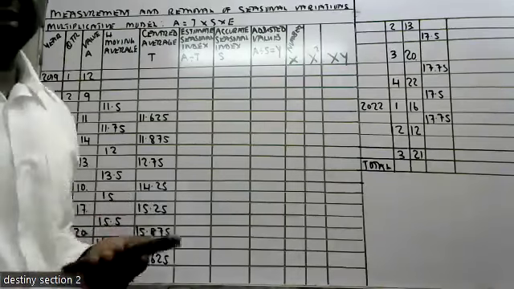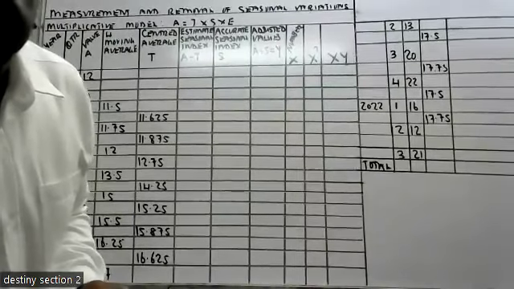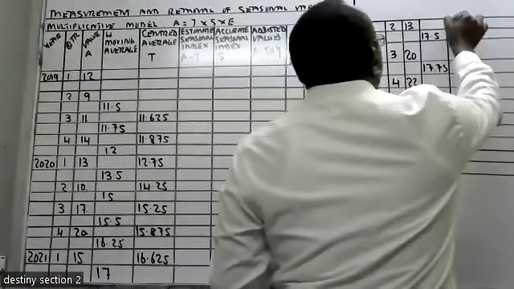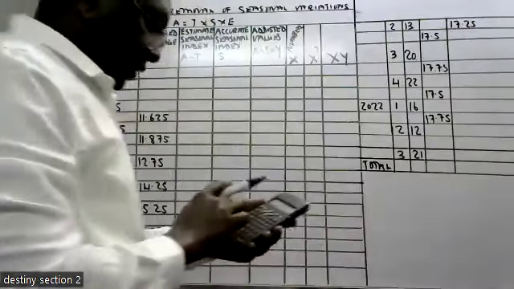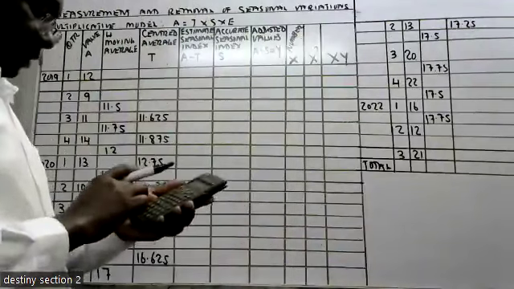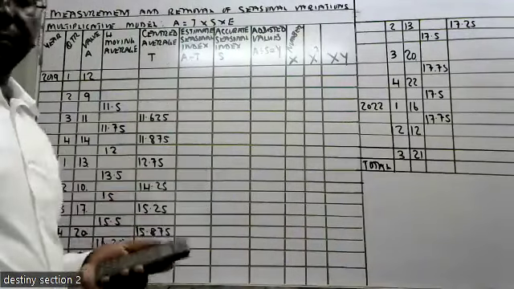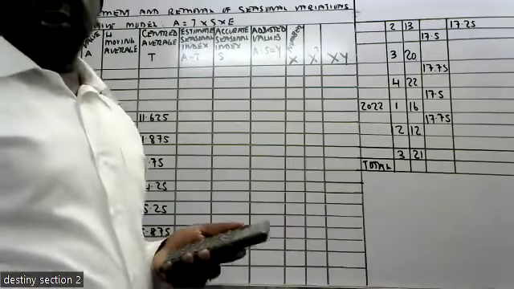The answer is what? You have 17.25. So let's now have 17.5 plus 17.75 divided by 2.